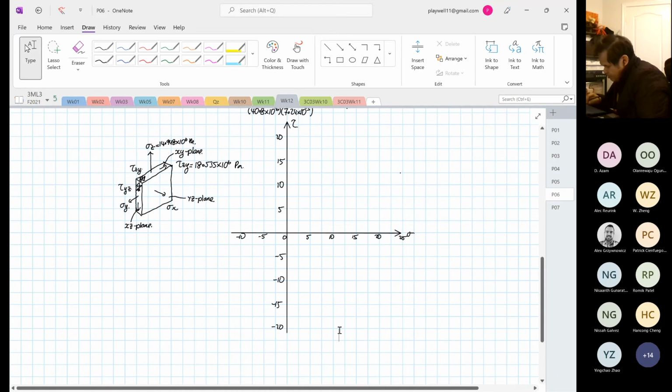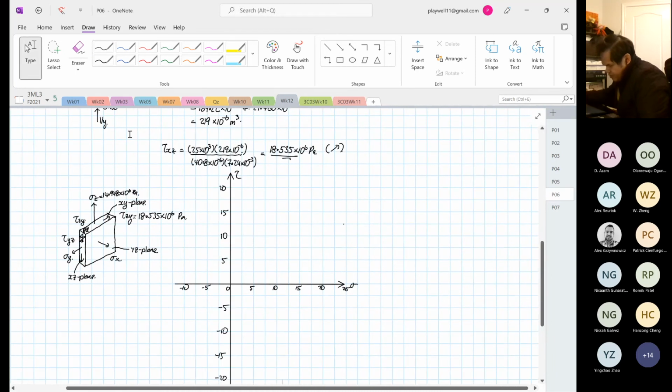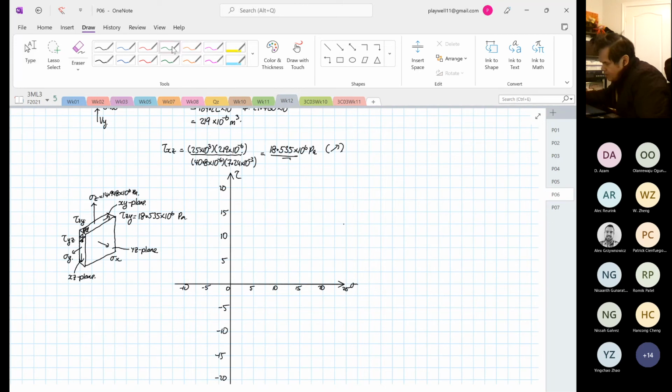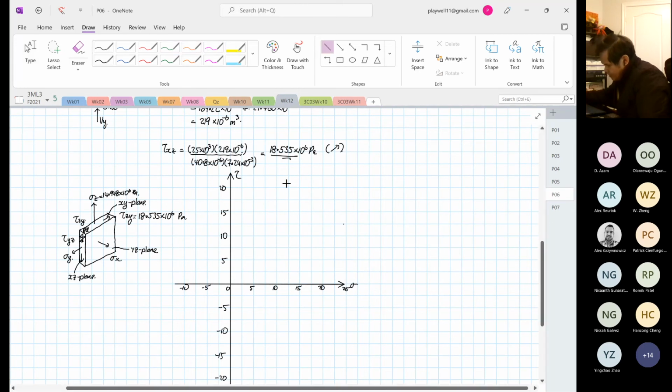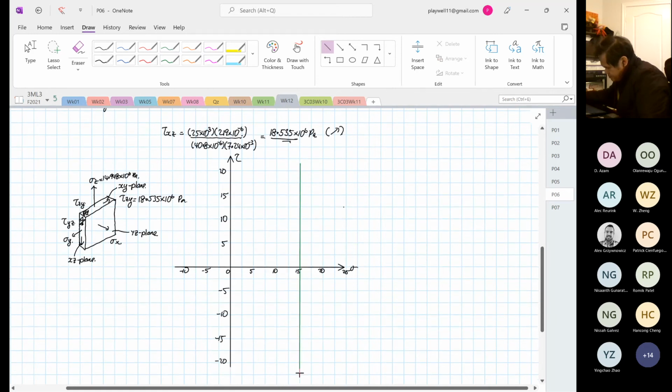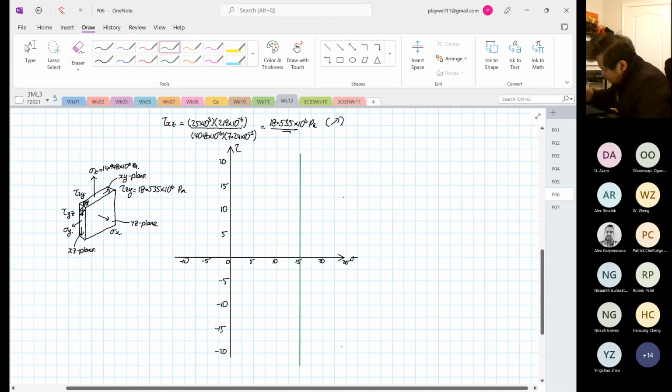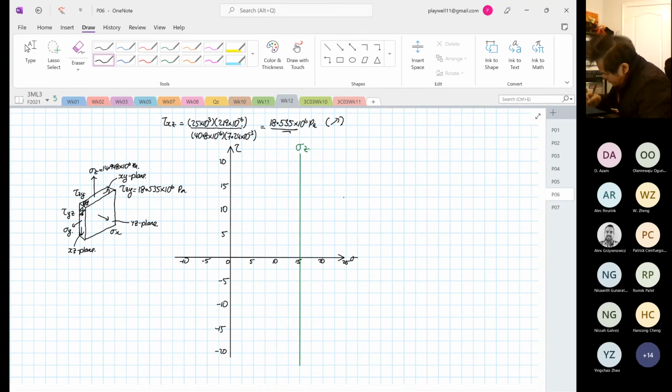So we know that our one of stress is at 14, okay, tensile. 14.9. So I'm going to call it 15, dead on 15. So this is our stress Z. Okay, we know that our stress X point is definitely over here.